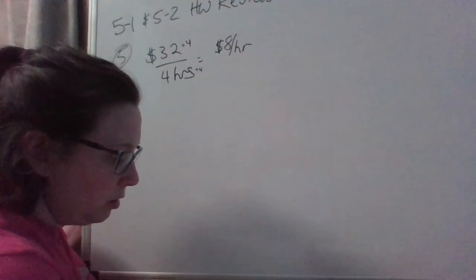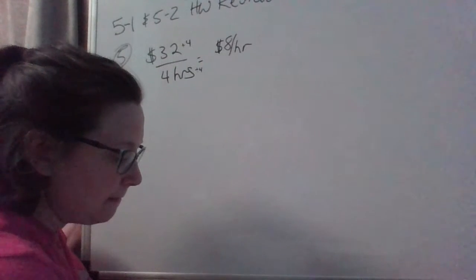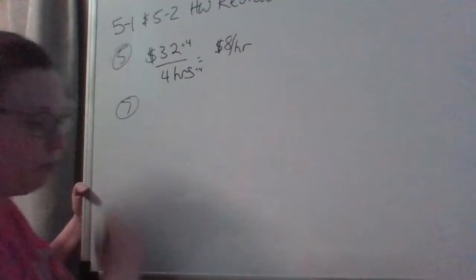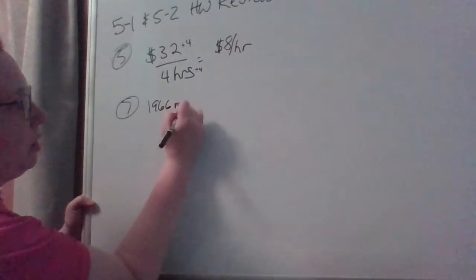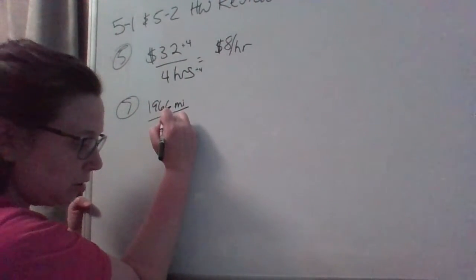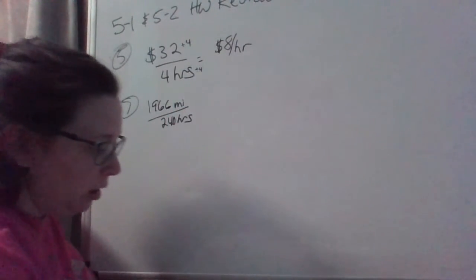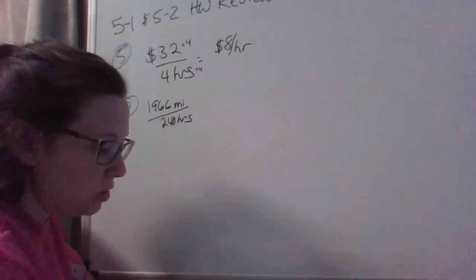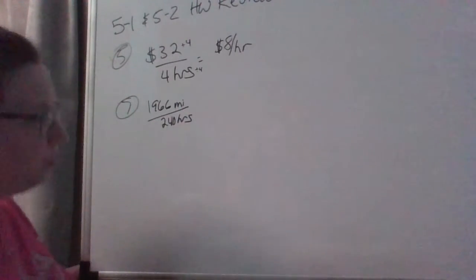The trip of 1,966 miles took 10 days, which is 240 hours. And they want to know what was the average speed to the nearest tenth of a mile per hour.